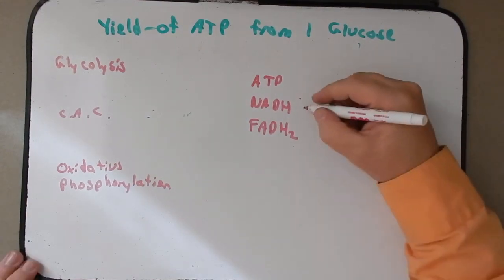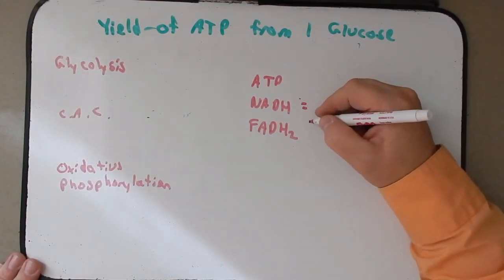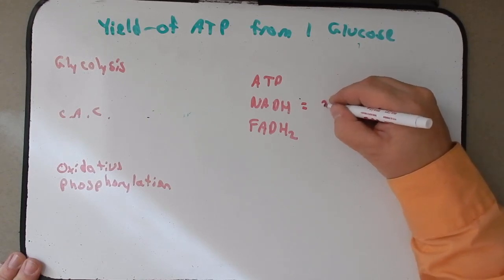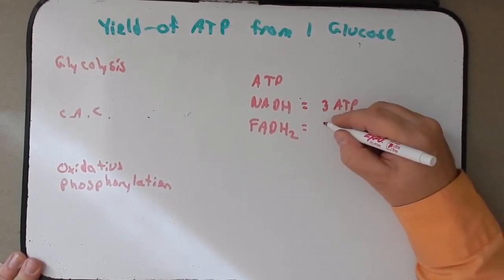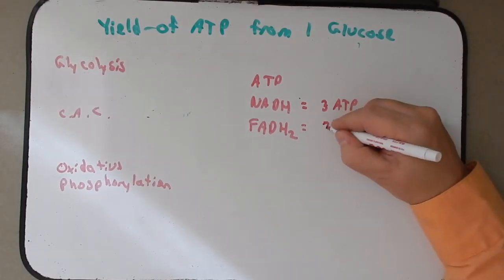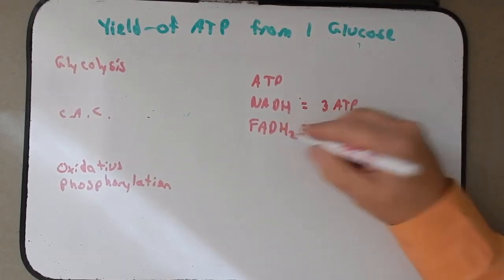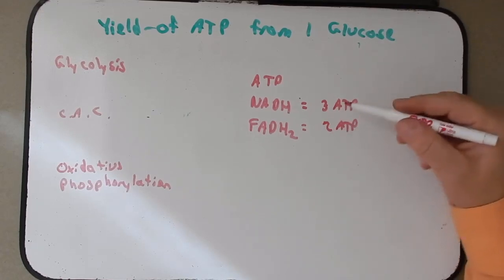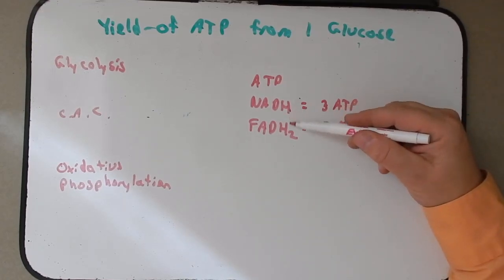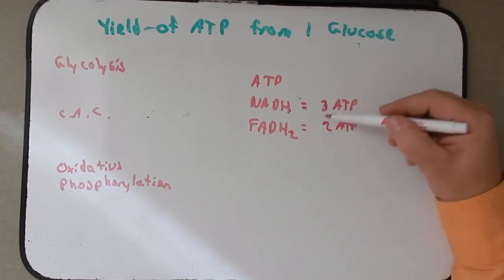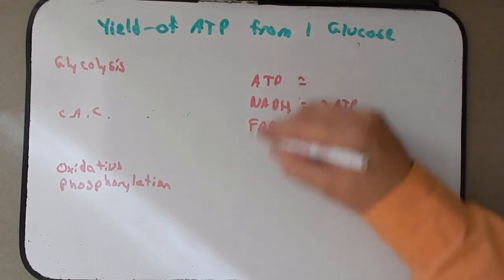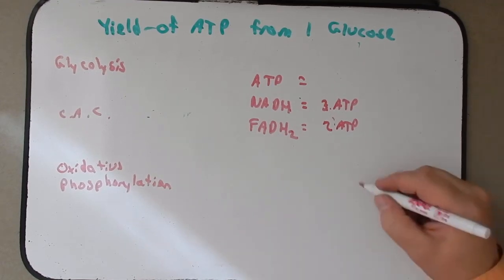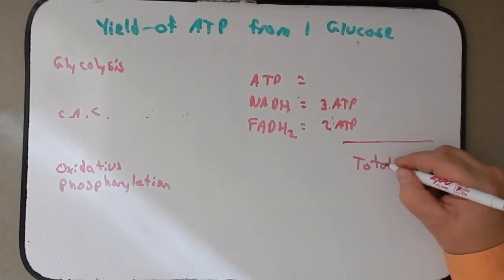We know about, there's some debate about this, but we get about 3 ATP from each NADH and about 2 ATP from each FADH2. So what you want to do is figure out how many NADH are made, how many FADH2s are made, multiply them by these numbers appropriately, and then how many direct ATPs are made in these 3 cycles. And then that'll tell you your total yield.